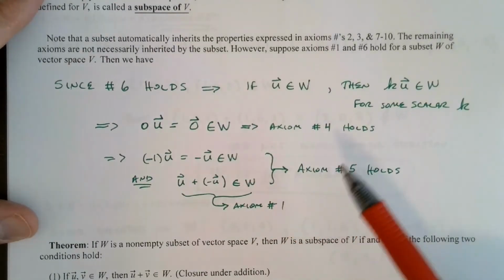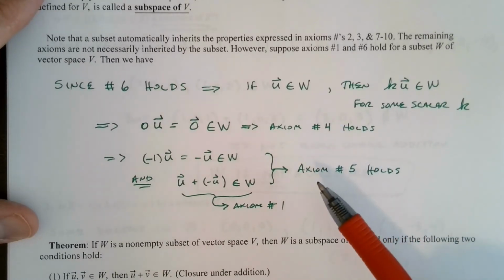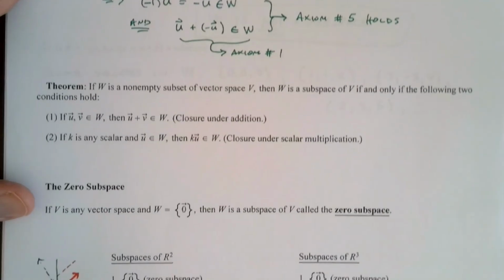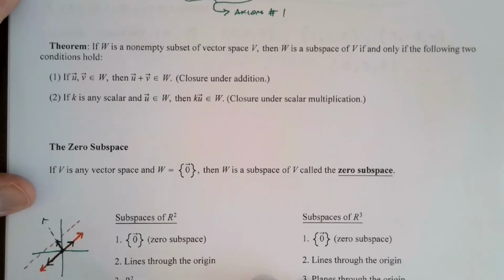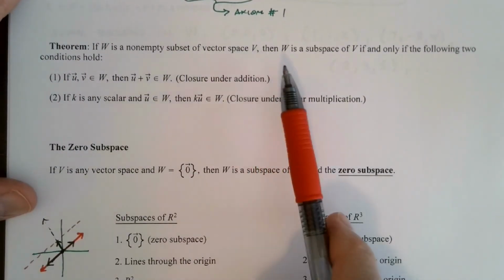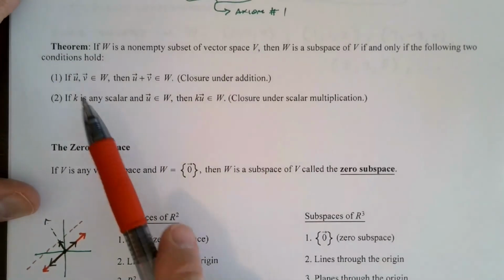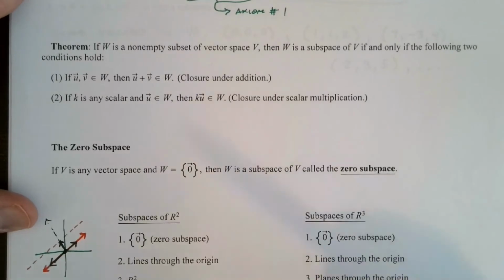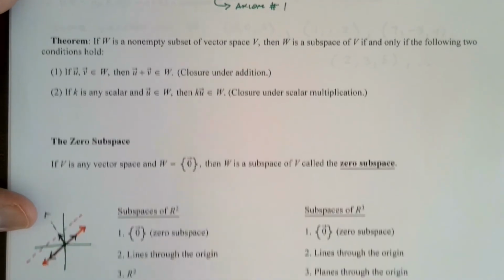And so, based on this analysis, here's what we can say. If W is a non-empty subset of a vector space V, then W is a subspace if and only if the 2 axioms of closure under addition and closure under scalar multiplication hold. So that's all we have to check. And that's what we're going to be doing with some examples here in just a minute.